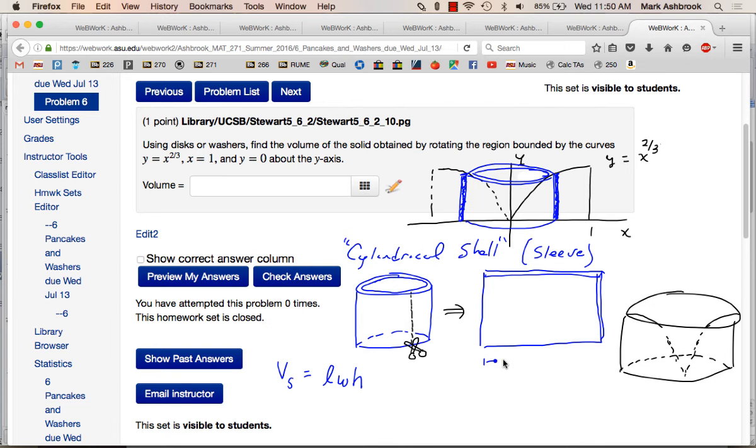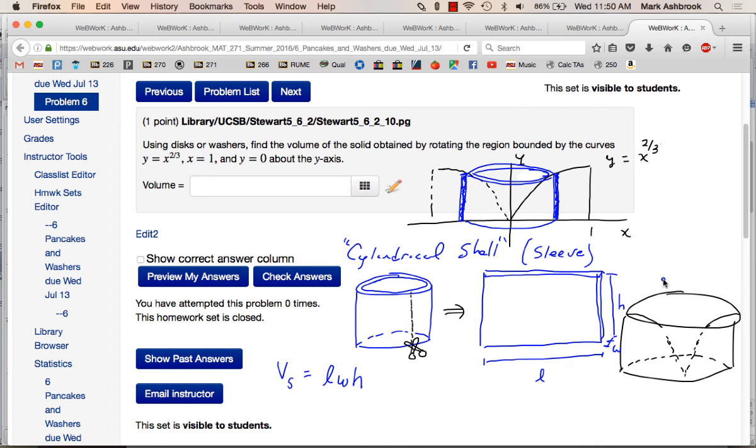We can call this the length, and we can call this the width, and this the height. So we just need those three dimensions of that thing, and we'll have the volume of our solid, because we're just multiplying them together, just like you get the volume of a box.